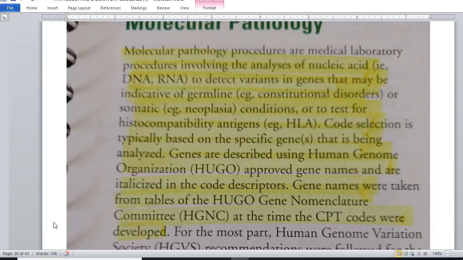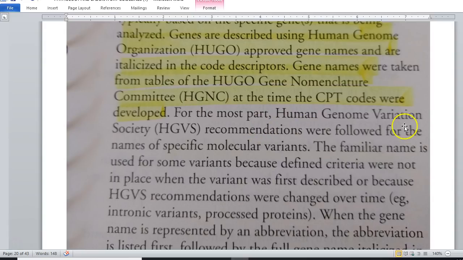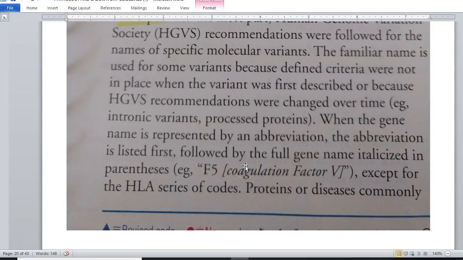Code selection is typically based on the specific genes that is being analyzed. Genes are described using the Human Genome Organization, or HUGO, approved gene names that are italicized in the code descriptors. Gene names are taken from tables in the HUGO Gene Nomenclature Committee, which is known as HGNC, at the time the CPT codes were developed. And then it goes on to talk a lot more about the Human Genome Variation Society and all of this.